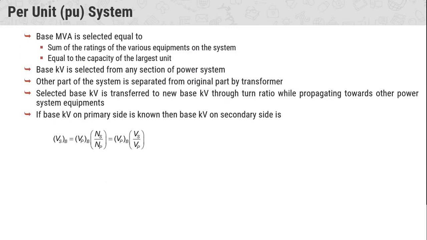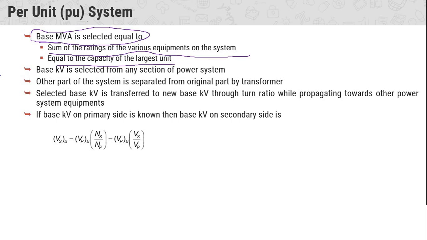Base MVA is selected equal to the sum of the ratings of the various equipment on the system, or equal to the capacity of the largest unit. What value should be selected as the base MVA in the given system?